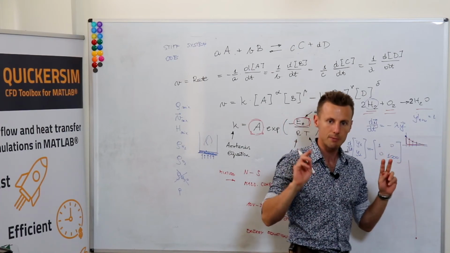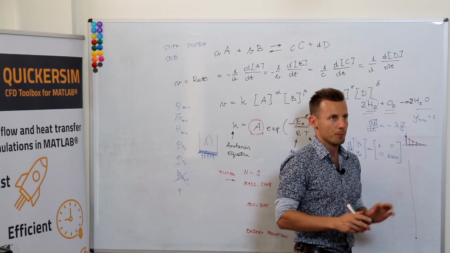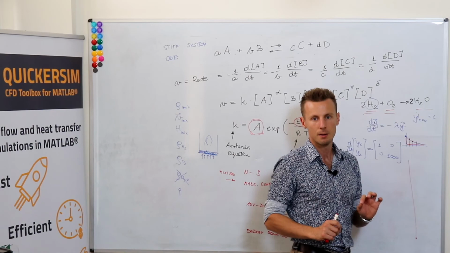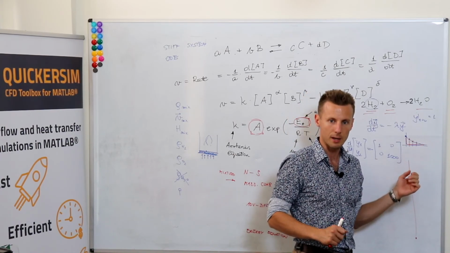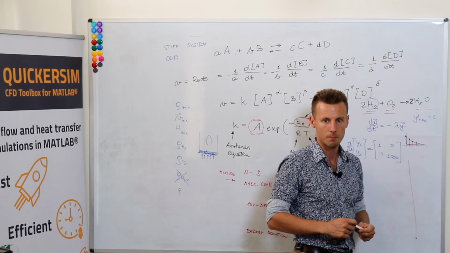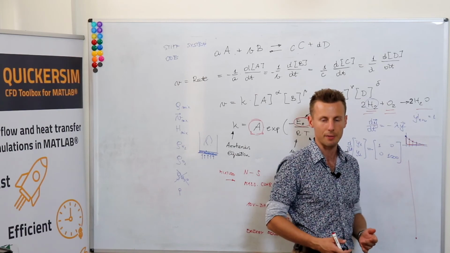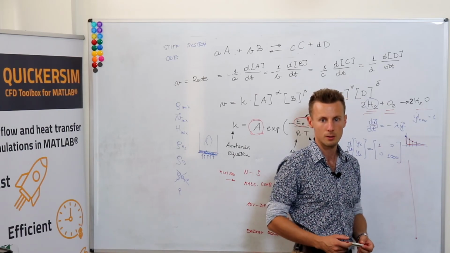So basically what stiff systems mean is that you've got a huge difference in the time scale of the phenomena described by the system. You've got things that have huge inertia and extremely low inertia.